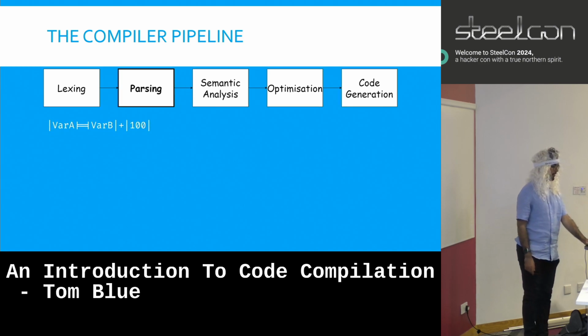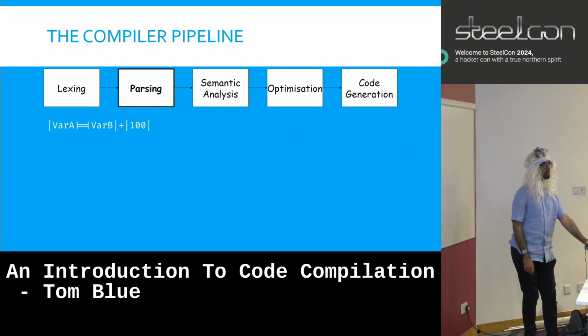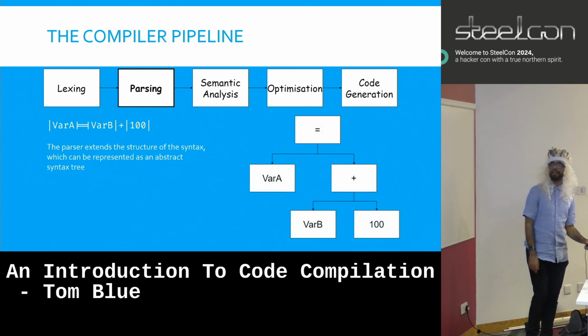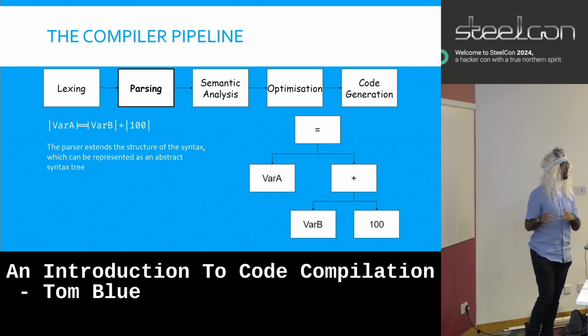So the parser takes these tokens and effectively enforces structure and catches syntax errors. It will generate what's known as an abstract syntax tree, which looks something like this. And this gives a bit more meaning to those tokens generated by the lexer. Looking at this tree, you can see that you're equating var a to the result of plus, and the result of plus is taking in var b and 100 as inputs.